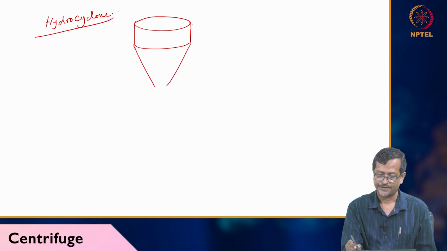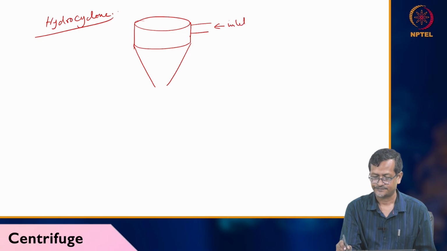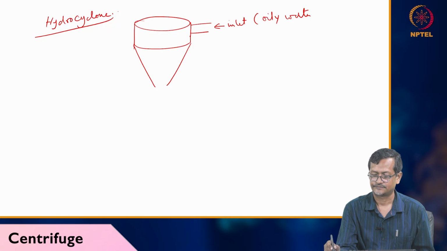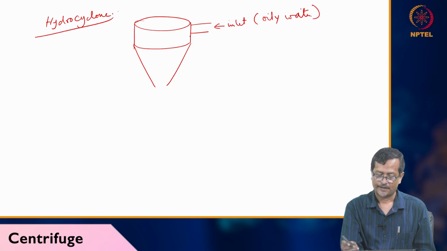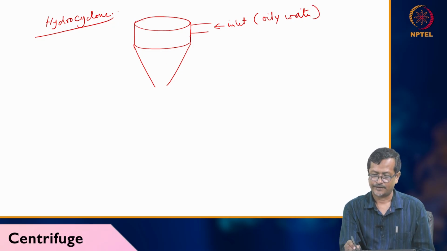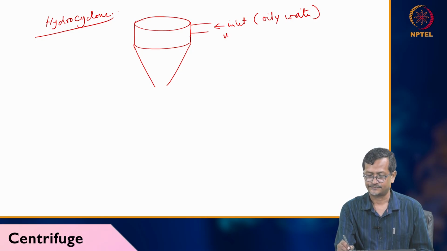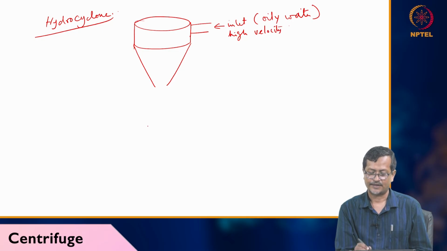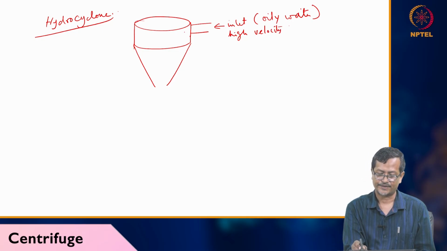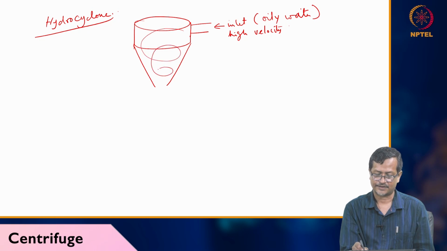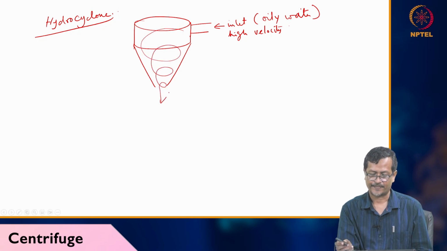Okay, now you will have an inlet pipe, inlet oily water, and when inlet fluid will be entering at high velocity, it will be creating one vortex like this, and it will be coming down. So inlet will be creating one tangential entry.